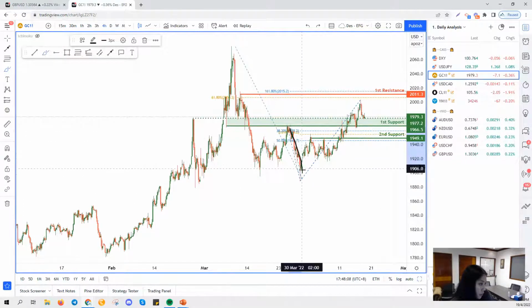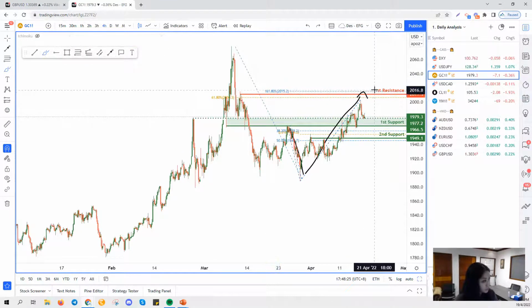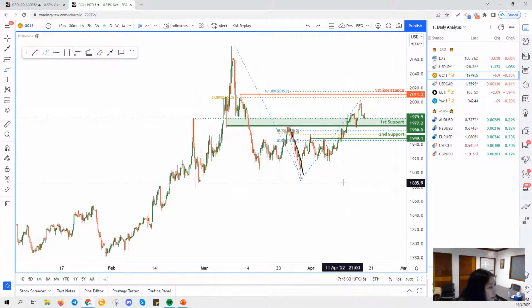So you take it from the top over here to the bottom here, and you project a Fibonacci extension, which gives us this 161.8% extension. So this is considered quite a strong level, whereby there are 2 Fibonacci levels supporting it.